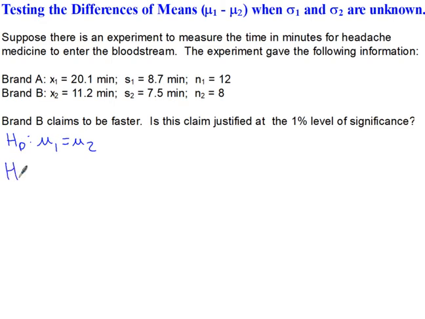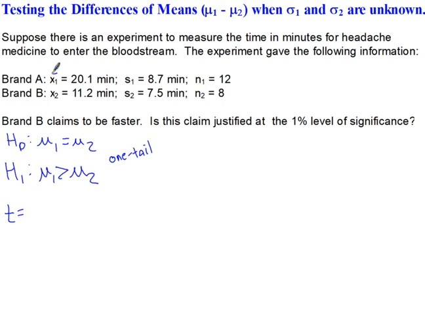It's kind of backwards thinking, but if B is faster, that actually means that this time is slower than that one. So we're going to do one tail. Again, it doesn't matter if it's left tail or right tail, because with a t-score they're going to be the same. And you're going to figure out this t-score essentially the same way you did in the past.